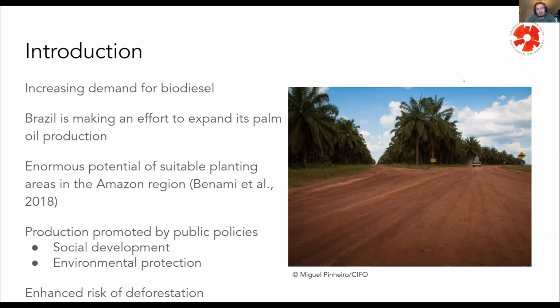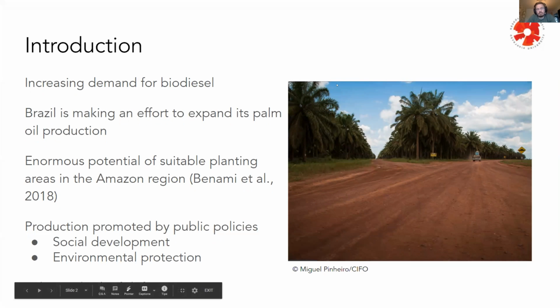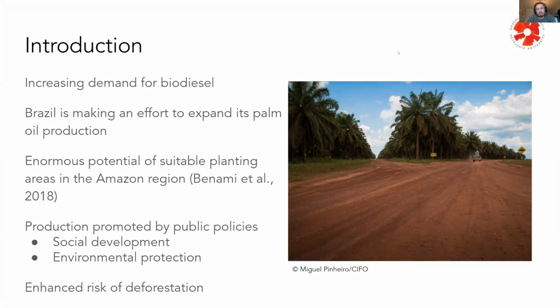And so a couple of the important policies that we were going to look more into in the social development field is how they're creating jobs in Brazil and in the Amazonian region, but also how environmental protection, it's kind of counterintuitive, but because the palm oil can only be produced in those in between those latitudes, they are putting forward environmental acts to protect the rest of the Amazon that's outside of those latitudes.